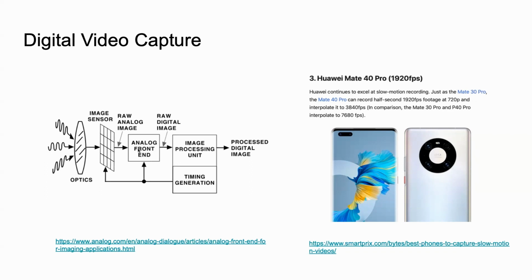This is the analog to digital converter, timer, combined into one, and then what comes out of the analog front end is the digitized version of the analog image. So essentially, this is the analog to digital converter and all other processes needed to control the camera.